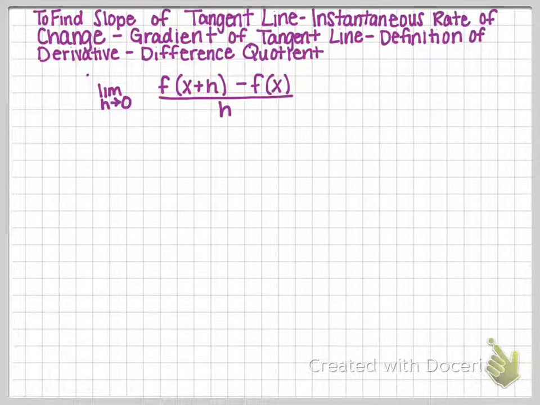So let's go ahead and look at some problems finding the derivative, or finding one of these different things. The questions can be asked in a lot of different ways, but they're all asking the exact same thing. So the first example I have for you is I want you to find the gradient of the tangent line of this function.